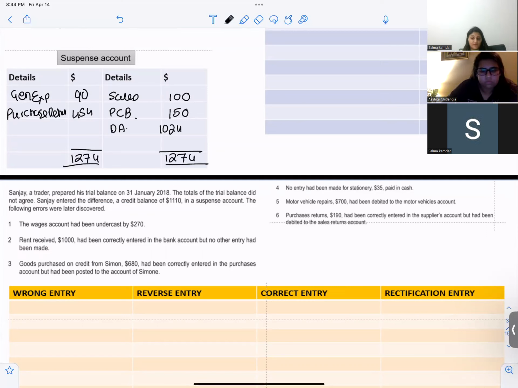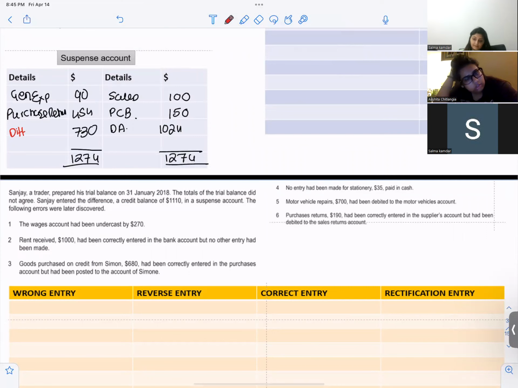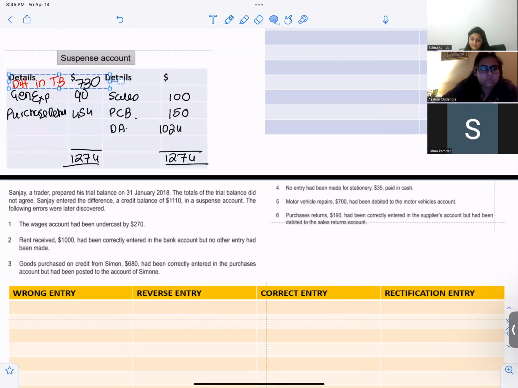Minus 454 minus 90 gives 730. This will be the difference in the trial balance.